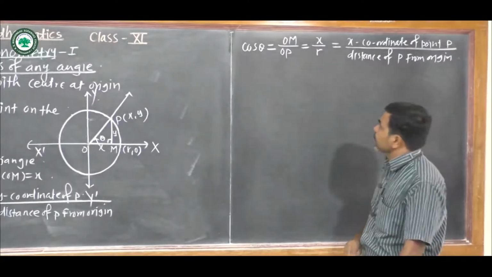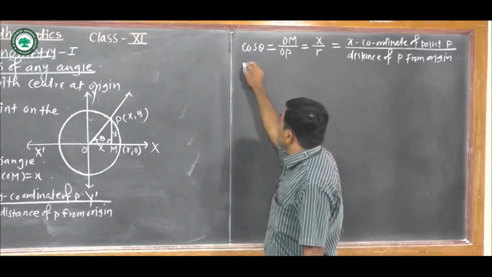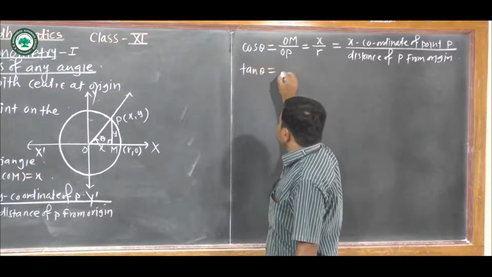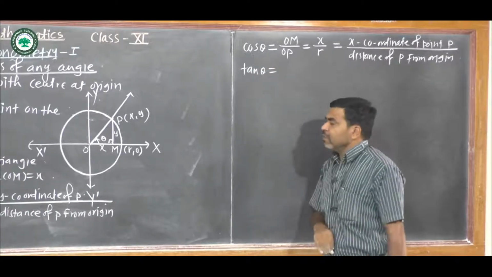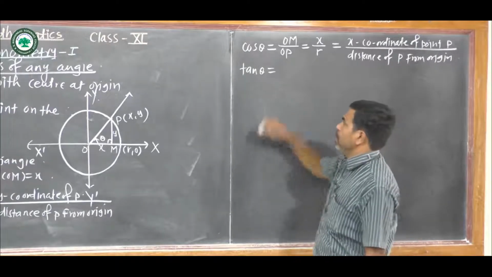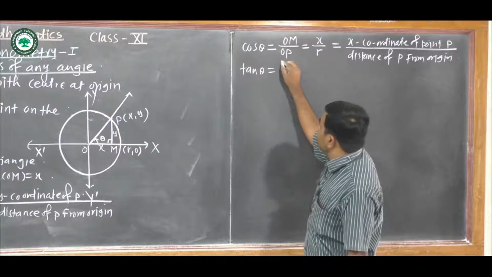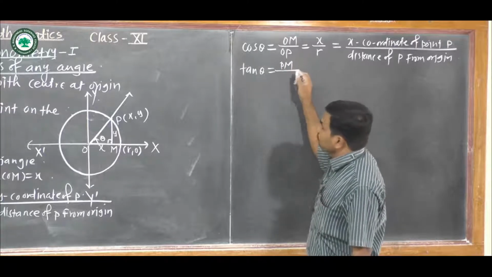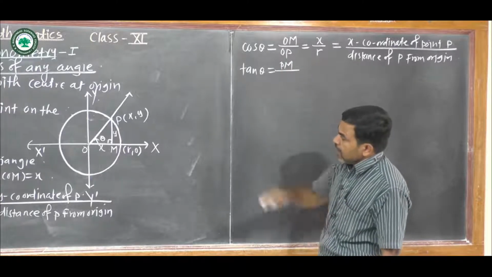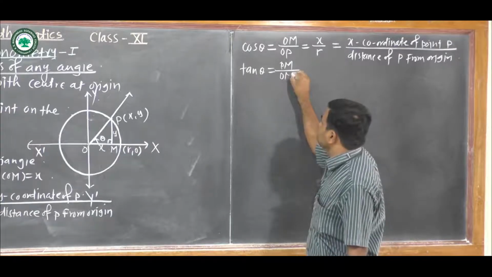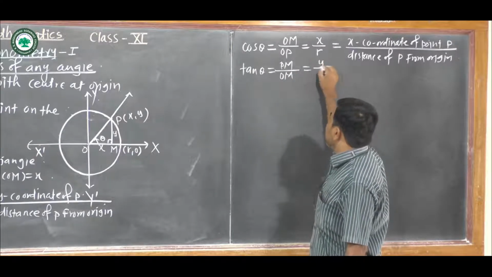So this is cos of theta. Then similarly tan of theta is equal to opposite side divided by adjacent side. Now opposite side is PM and adjacent side is OM. So it is equal to y divided by x.